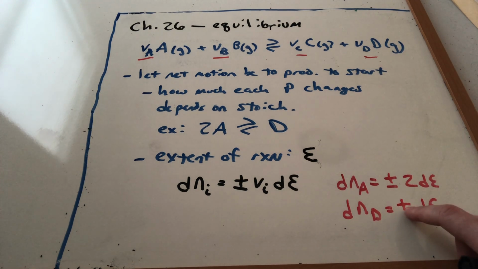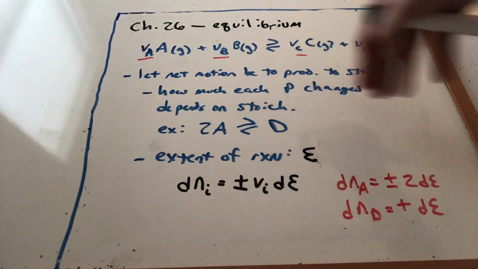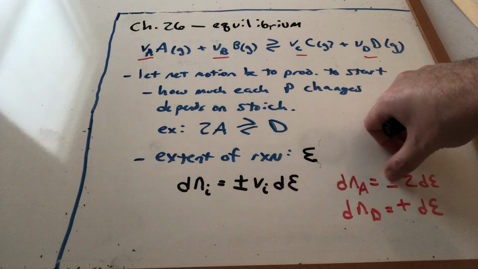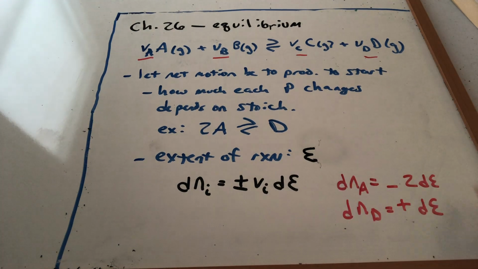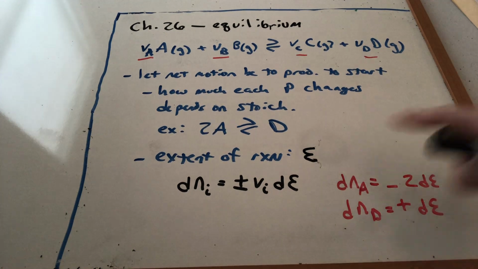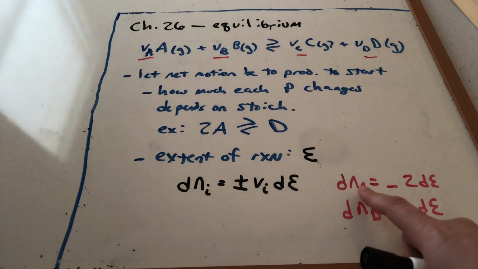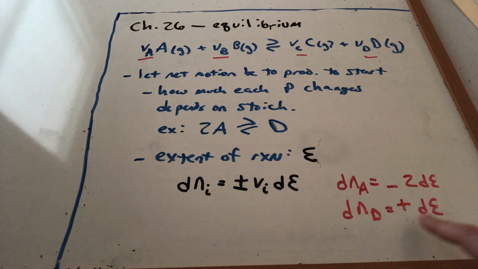D will be produced, and we'll use a positive value there. If we have a net motion to the D side, the change in moles of A would be negative. This, in the context of extent of reaction, is everything that we said when we analyzed this from our kinetic standpoint. Everything we say here should make sense. If I look at the change in moles of A, it happens twice as fast as the change in moles of D. So I just define this general change as the extent of reaction and I go from there.